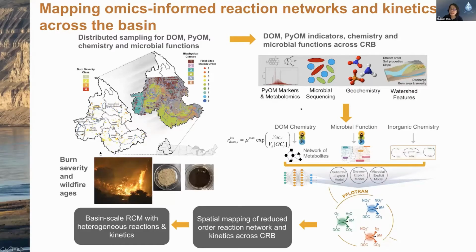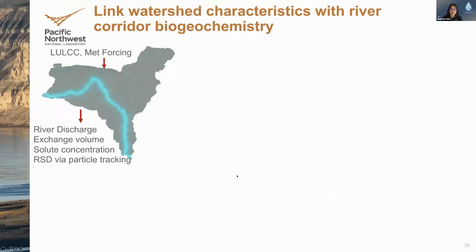And then we build some machine learning models that can help us map what we can measure or what we can get from elsewhere to the reactions and rates we need in our model. If we build this mapping, then we will be able to use all the information we can get. We can take full advantage of distributed sampling of this WONDERS network to make our basin scale predictive models more accurate.